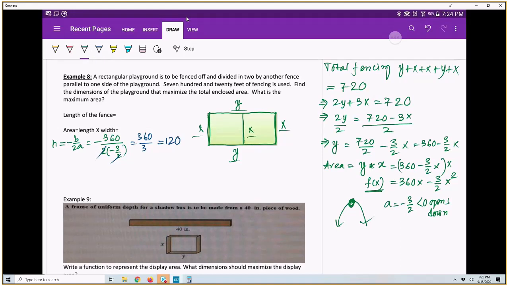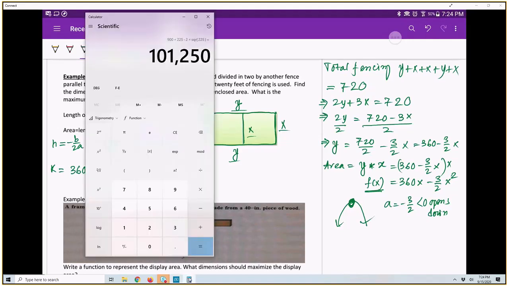Then finding k. So k is going to be, look at your parabola and put 120 for x. So this is 360x minus 3 half times 120 squared. And again, I'm going to find this answer in my calculator to save time.